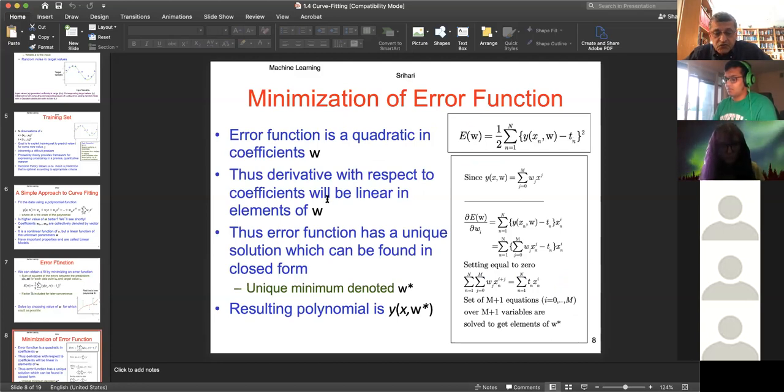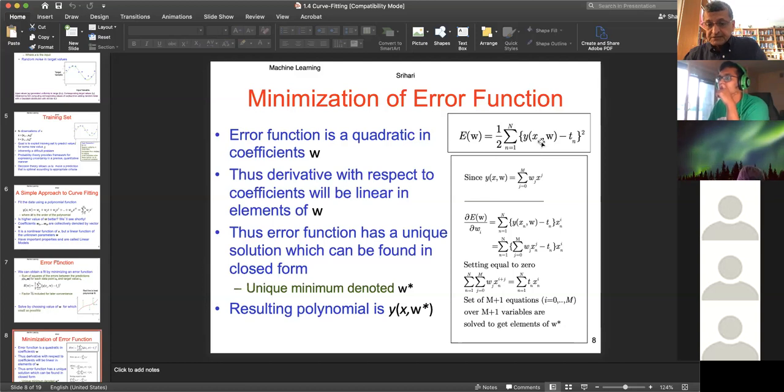Derivative with respect to coefficients will be linear. Now we take the derivative. What does the derivative of this look like? This gets into the calculus that we need. We say that since y of x comma w has this form, we have a summation over n samples here.